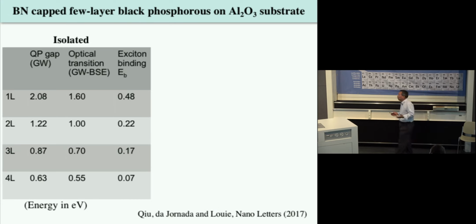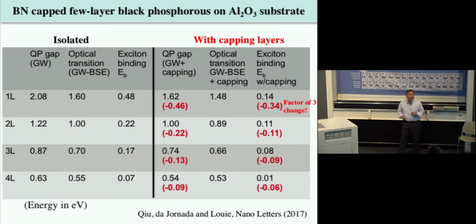So what people typically do is encapsulate the material in some big gap insulating inert material, like on top of a sapphire substrate and cap it with layers of boron nitride. The hope is then the property of the material still remains more or less intact. What we find is that's not true. You actually change the material property strongly.